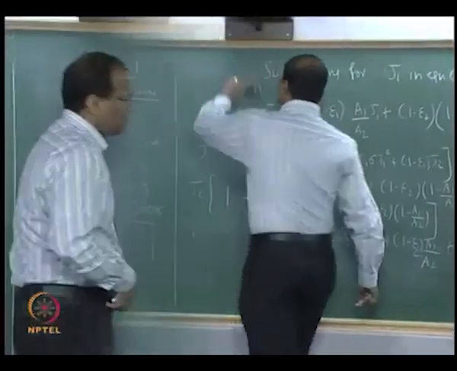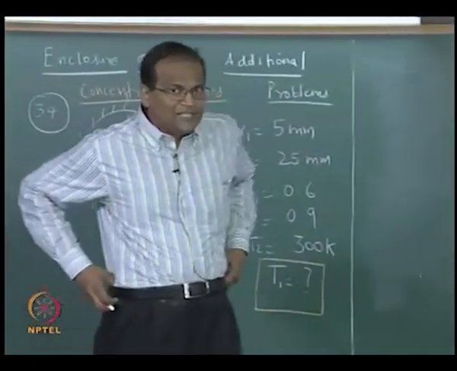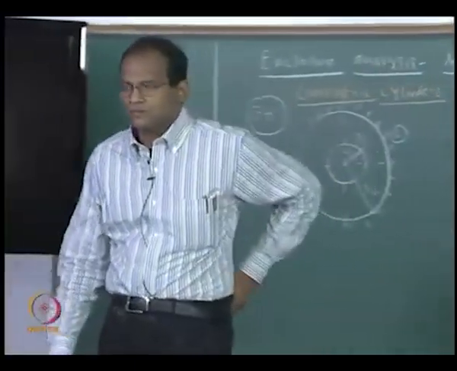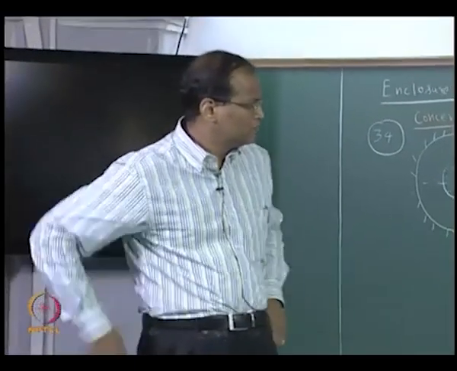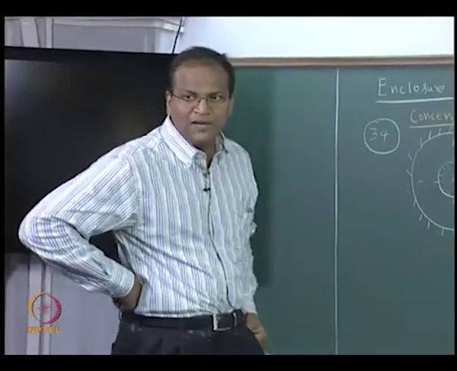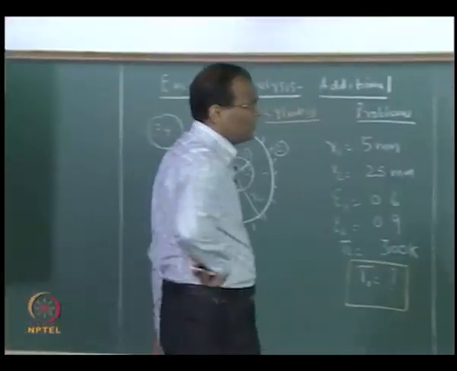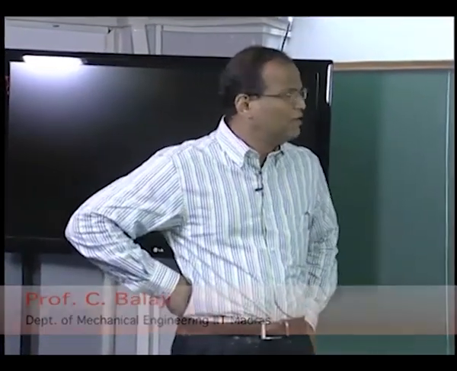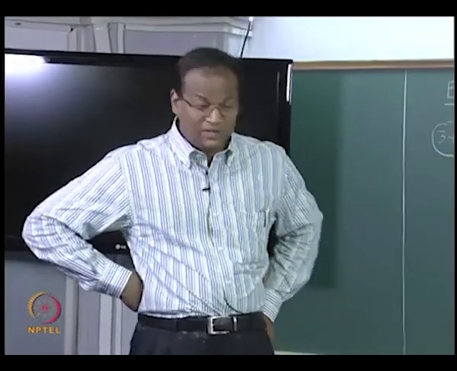Okay. Can we write J1 by inspection? Should be possible, right? Why? A2 is a concave surface, A1 is a concave surface. Then where is the hope now? Substitute this in the first equation.